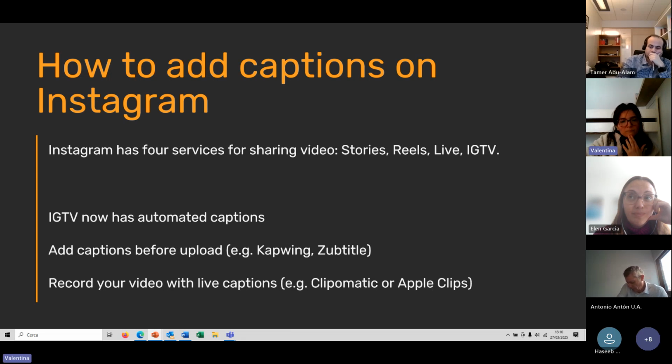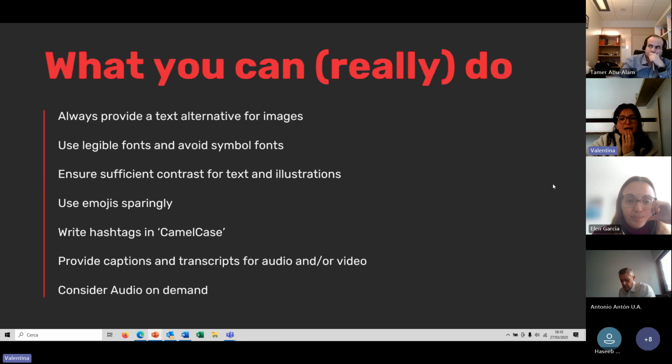You can also record your video with live captions, but probably you already know about that. And I think today social media has a lot of these automatic options, these services, to make content more accessible.